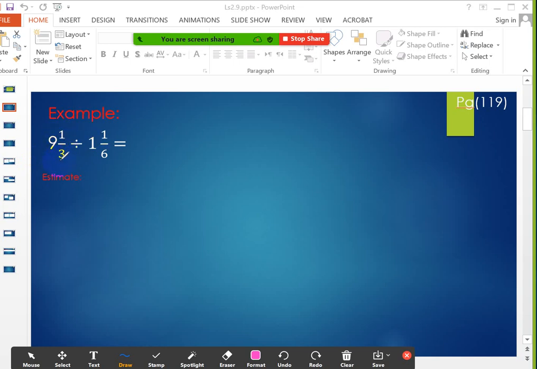Look, 1/3, is it close to 0 or to 1, to the nearest whole? So this is 1 and this is 0. Here my issue is the fraction.